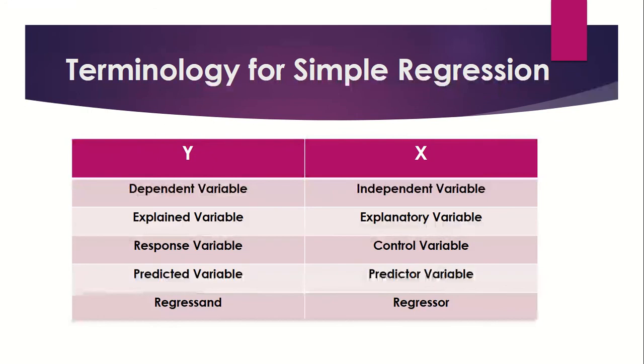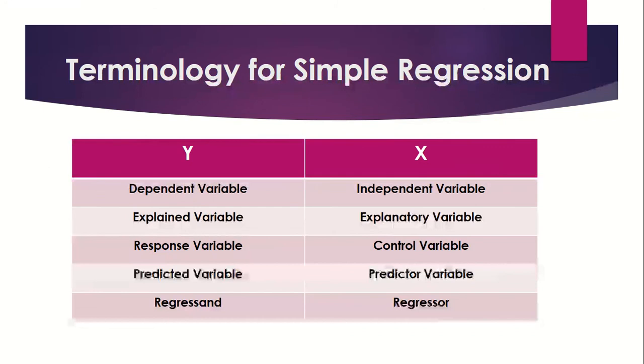Terminology for simple regression. We use the terminology y as dependent variable and x as independent variable. But different fields of social sciences use different terminologies or names. When we say y is a dependent variable, then x is the independent variable.